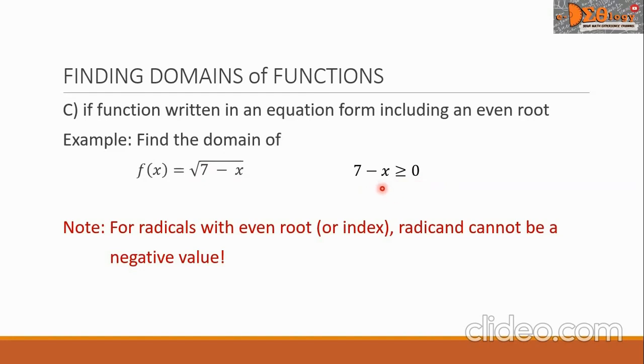We want this x to be alone. We're going to remove the 7 here. So we will add negative 7 to both sides of the inequality. So we have here plus negative 7, and on the right side also plus negative 7. And this 7 plus negative 7 will cancel each other.